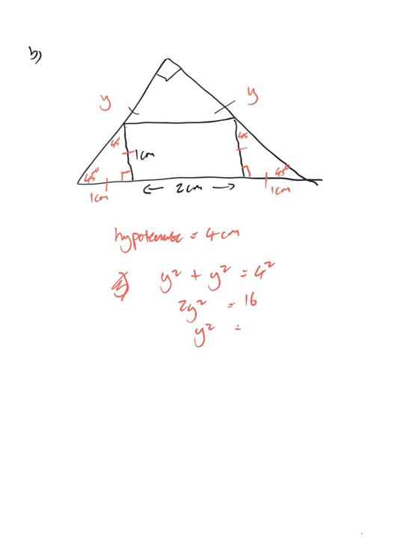So y squared equals 8. And by the same token, we also know that the area of that triangle is our base, y, times our vertical height, y, divided by 2. So it equals y squared over 2. Therefore, the area of the triangle, fairly obviously, must equal 8 divided by 2, which equals 4 centimetres squared.